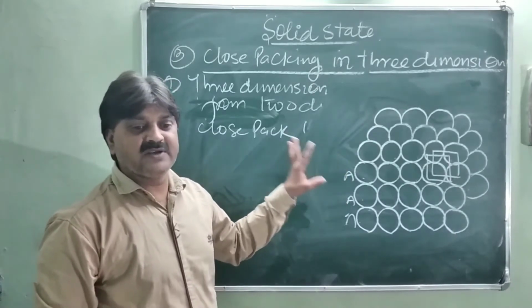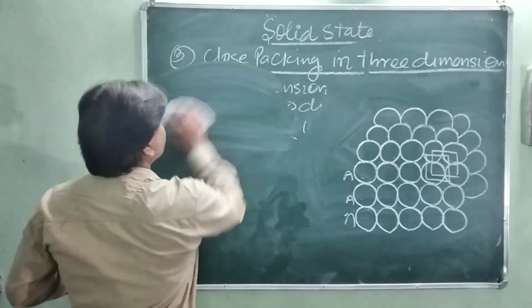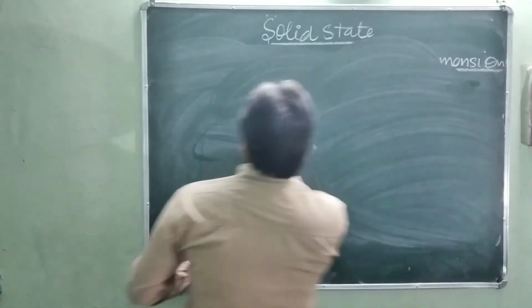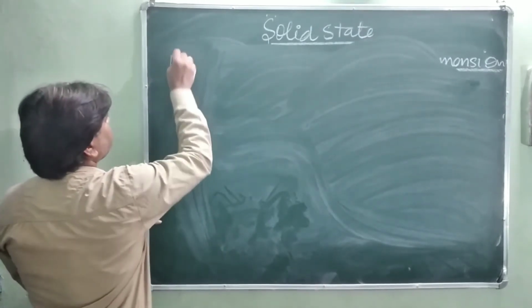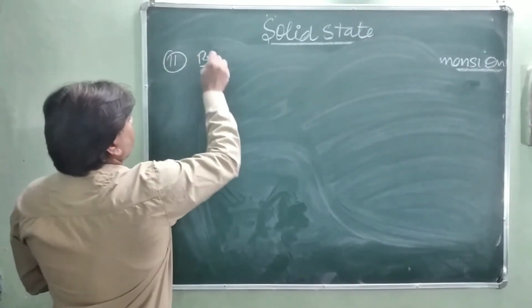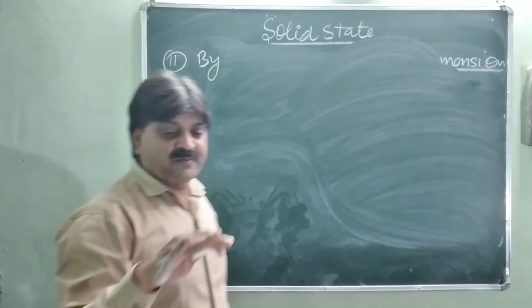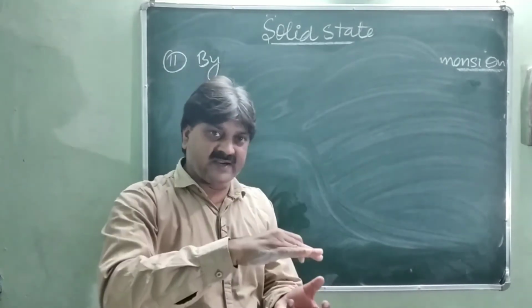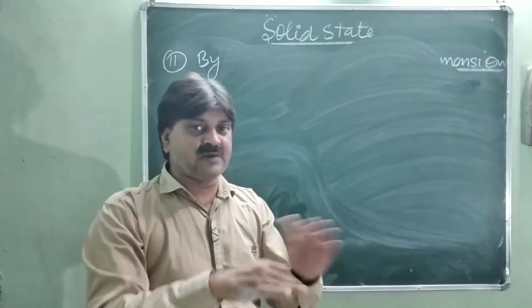Now next one, by placing the second layer, we are going to put the spheres in the same way, just like the first layer, second layer over the first layer, and third layer over the second layer.